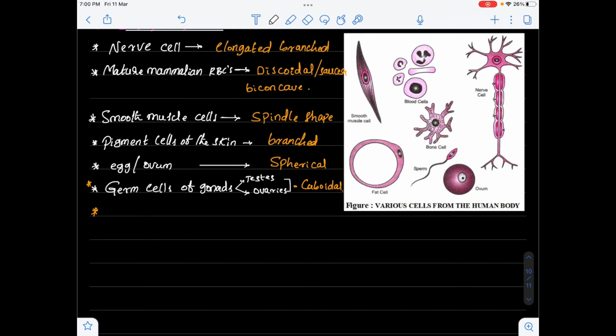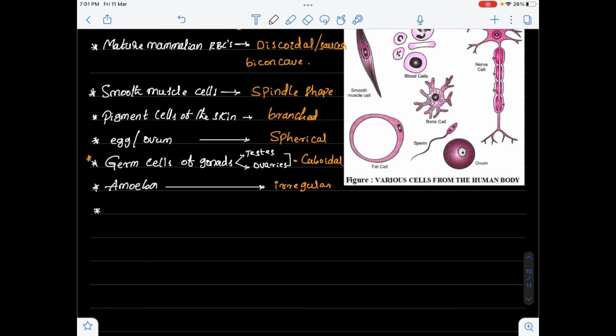The next one, unicellular organism like amoeba appears in irregular shape. There is no definite shape. Next, paramecium appears in slipper shape. As it appears in slipper shape, it is also called as a slipper animalcule.